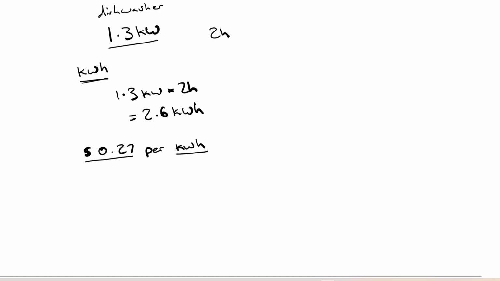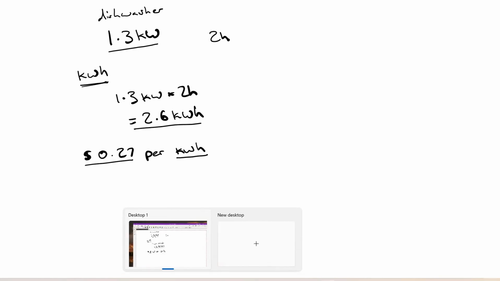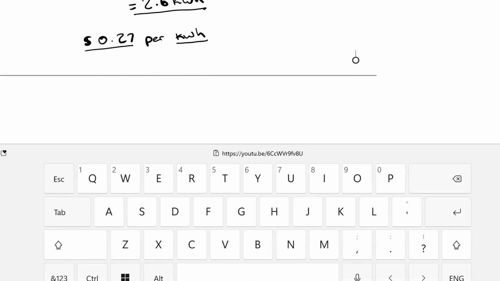So how many kilowatt hours do we use our dishwasher for? We use it for 2.6 kilowatt hours.